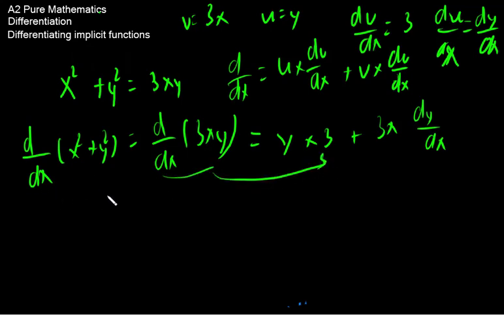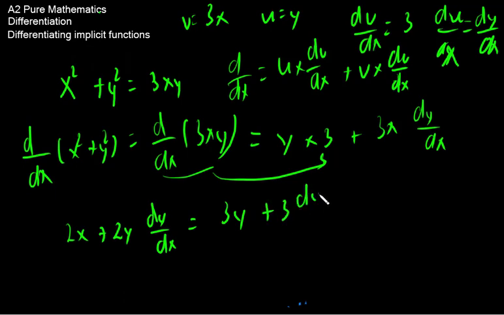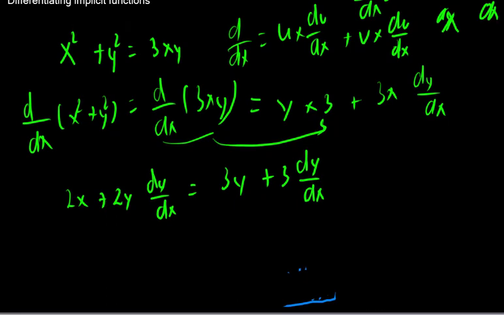And so if we differentiate this, we have 2x plus 2y dy over dx is equal to 3y plus 3x dy over dx. Right, so here we have this equation. Let's say they ask for a stationary point of this function. The stationary point is one where dy over dx is 0.